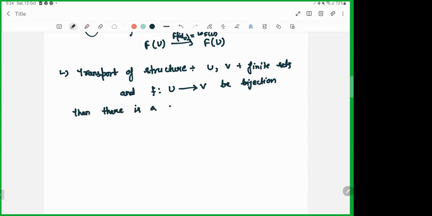Then there is a function F(f) mapping F(U) to F(V).